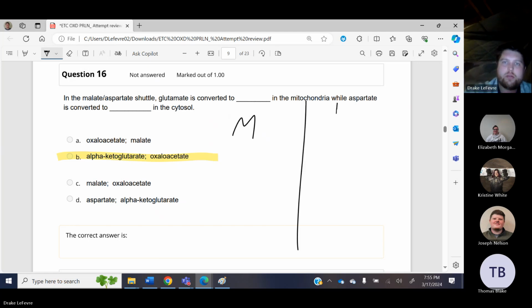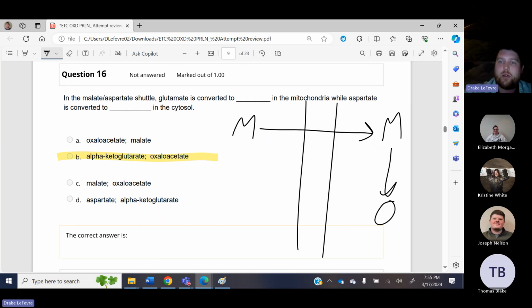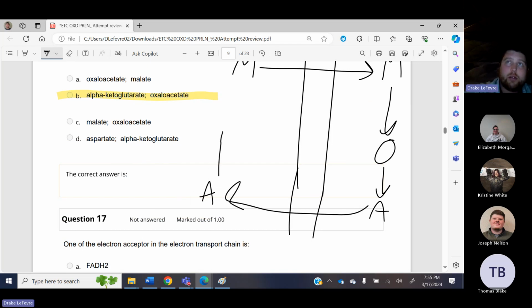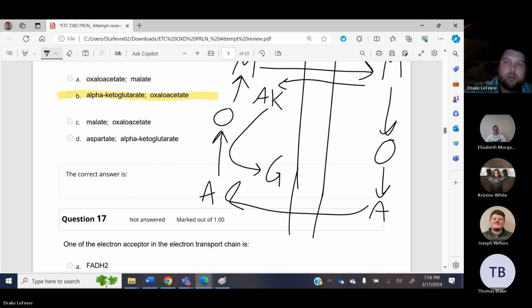Malate goes across, malate, oxaloacetate, aspartate, aspartate goes across, aspartate, oxaloacetate, malate, alpha ketoglutarate, glutamate across, glutamate, alpha ketoglutarate.